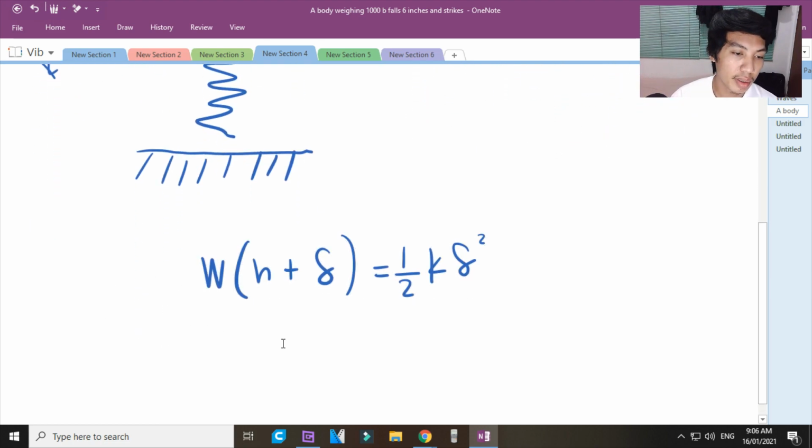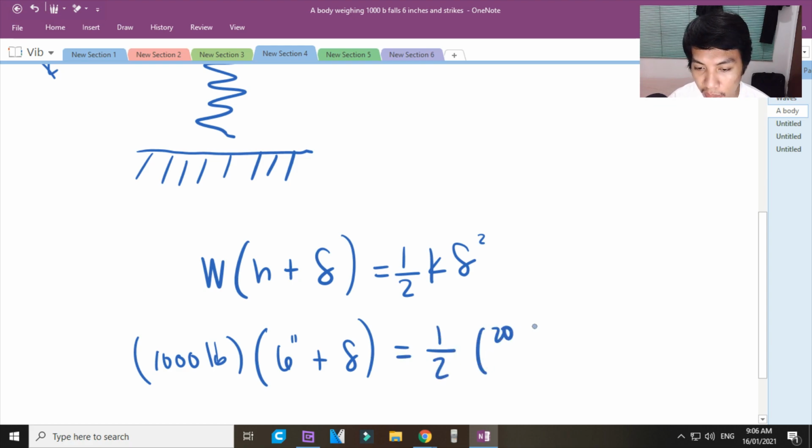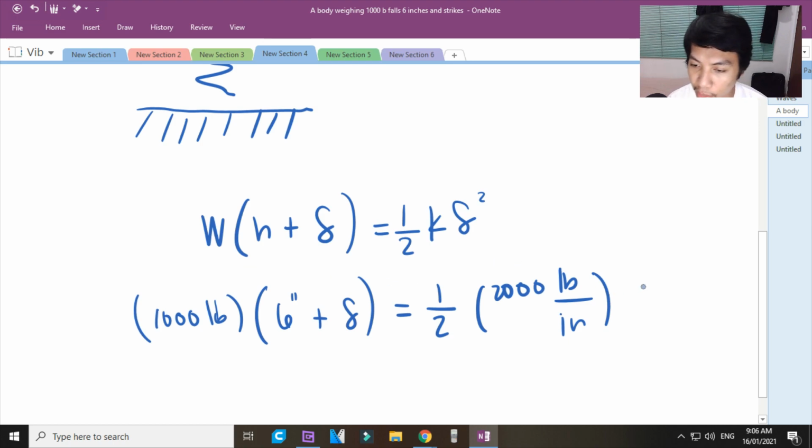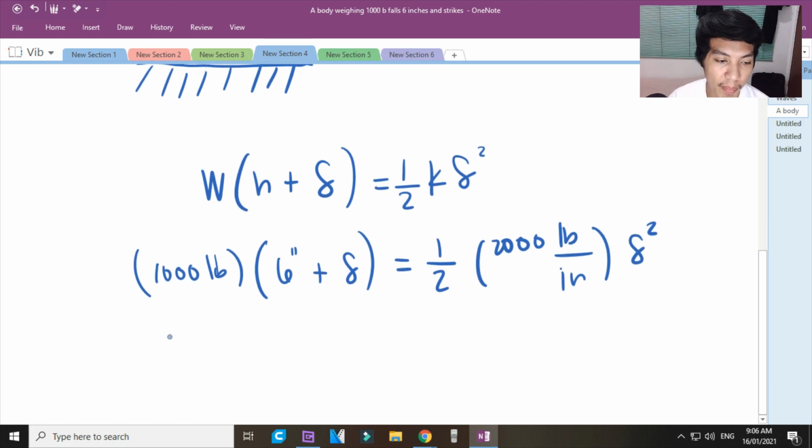Weight, bale 1,000 pounds multiplied to the height, which is 6 inches, plus a deflection, di natin alam, equal to 1/2, tapos 2,000 pound per inch multiplied to the deflection squared.